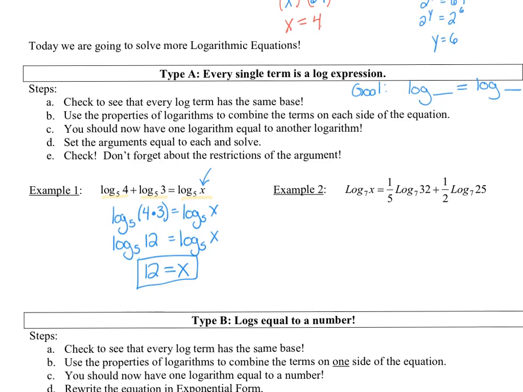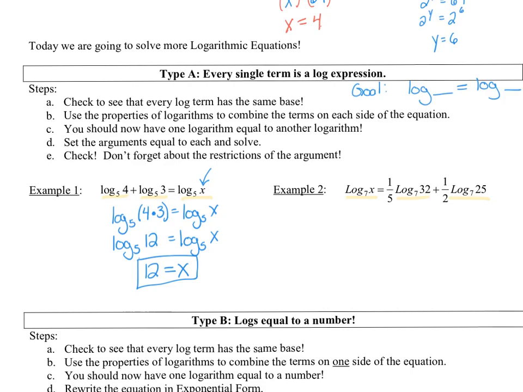So moving on to example 2, please notice that first, every single term is a log base 7. So every single term has a log, and all the bases of those logs are the same. So again, our goal for these types of problems is to get a single log on one side of the equal sign and a single log on the other side of the equal sign.